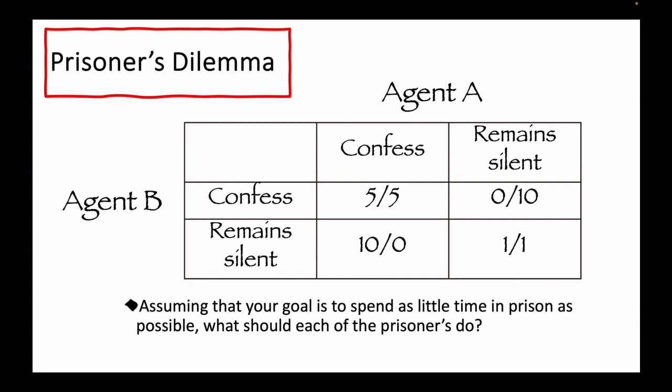Cooperation is the best course of action. As you can see, if both Agent A and B stay silent, they only face 1 year each. So, assuming that your goal is to spend as little time as possible in prison, the best course of action is to remain silent.